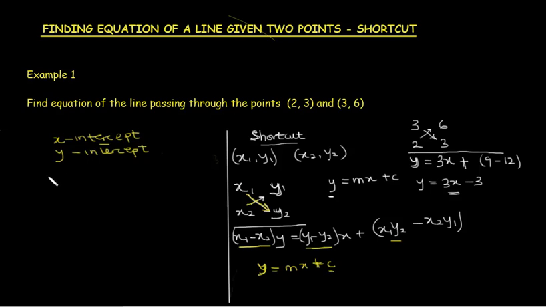If you are to find the equation passing through an x-intercept and y-intercept, then you know the coordinates. The x-intercept is, let's say, (a, 0), and the coordinate for the y-intercept is, let's say, (0, b).